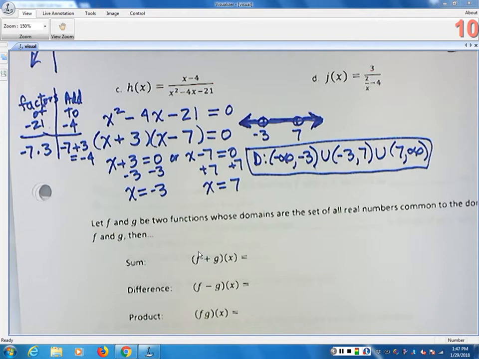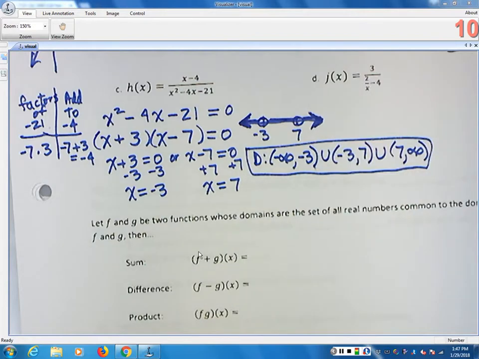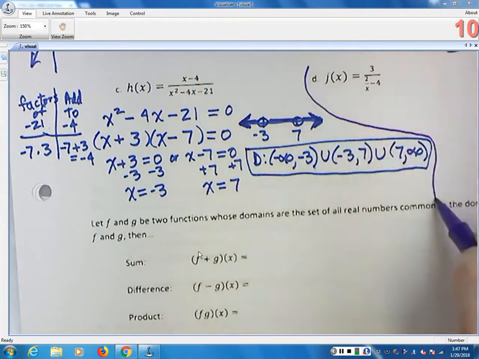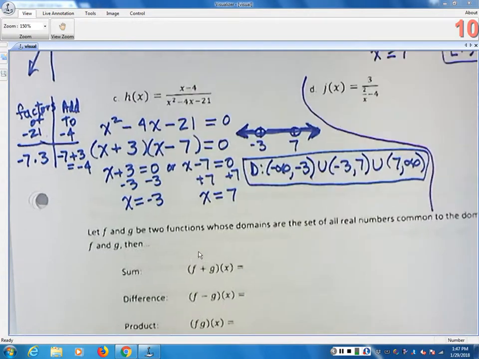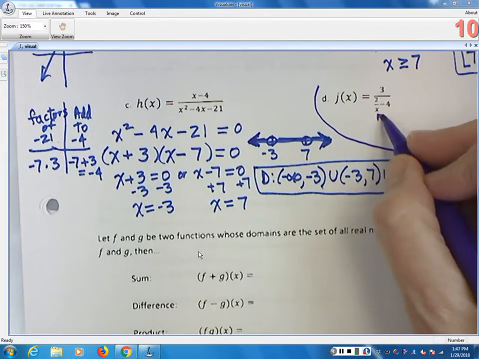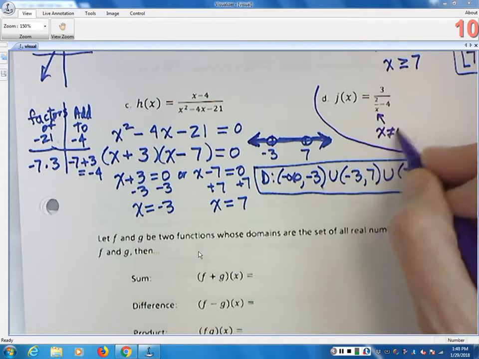Okay, and the next problem, we've got a fraction within a fraction, and that's not considered simplified, so I can show you how to simplify it, but we're going to just start with leaving it as a fraction within a fraction. Look, we've got a denominator here, x. So guess what? x can't be 0.